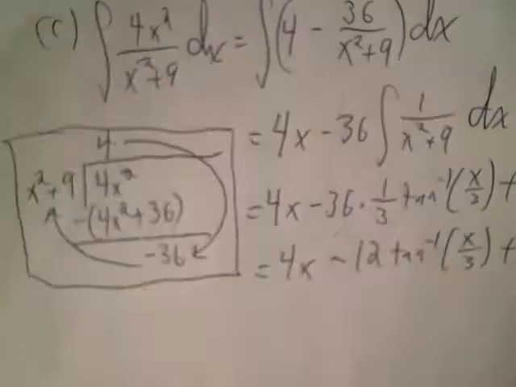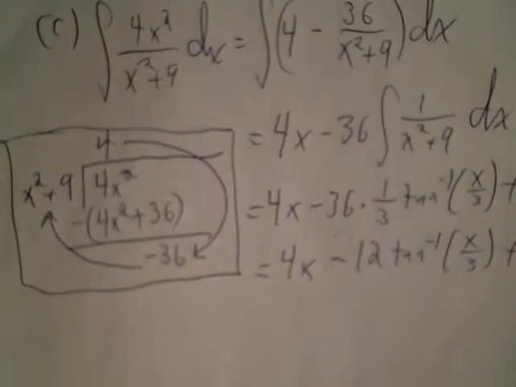Maybe an interesting part, which isn't as interesting to me as it used to be: computer programs evaluate these things, and they don't necessarily do it in the same way that we teach you how to do it. When I was reading the computational math book, they change everything into logarithms and then integrate that way.